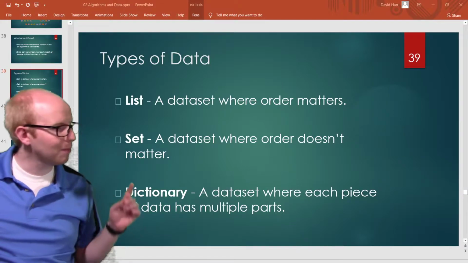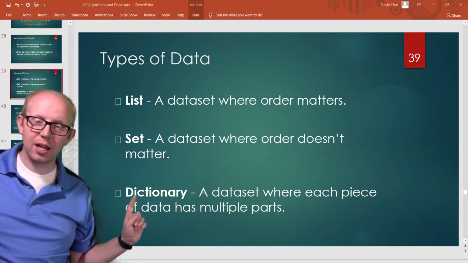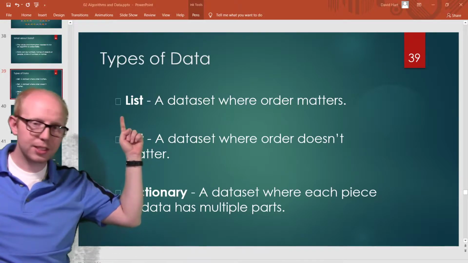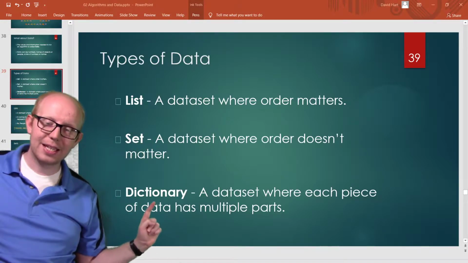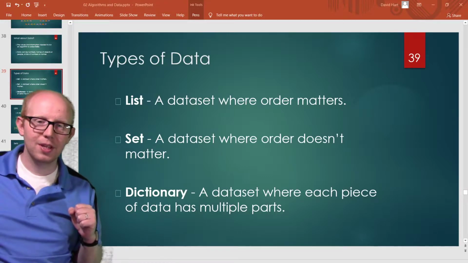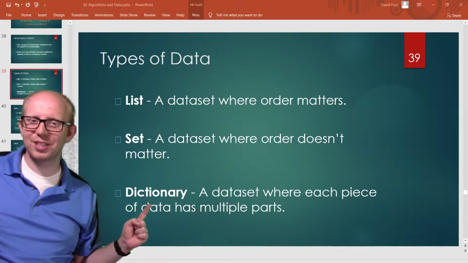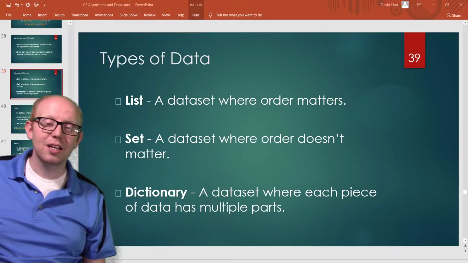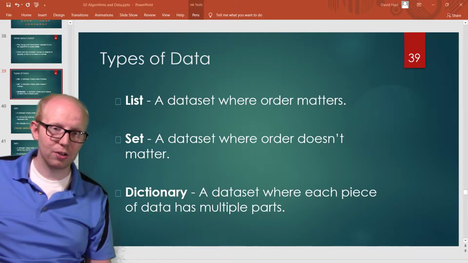The three main types of data that a computer and a programmer use are a list, a set, and a dictionary. A dictionary sounds weird because we use dictionaries to look up words, but it actually has a particular meaning in programming and in algorithms.